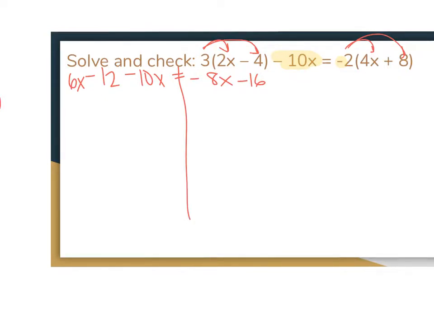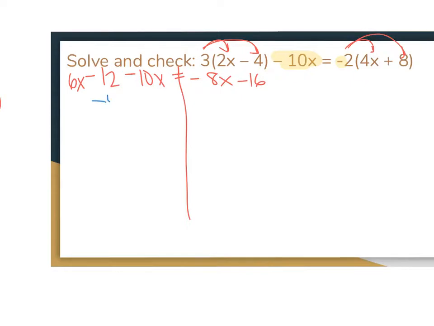So because I have 6x and a negative 10x on the same side, I will combine like terms. And what I see is that because you have positive and negatives, you can zero pair things out. So when I zero pair things out, I have more negatives. So that means I have negative 4x left. So let me change colors for you so it's a little bit easier to see what I'm doing.